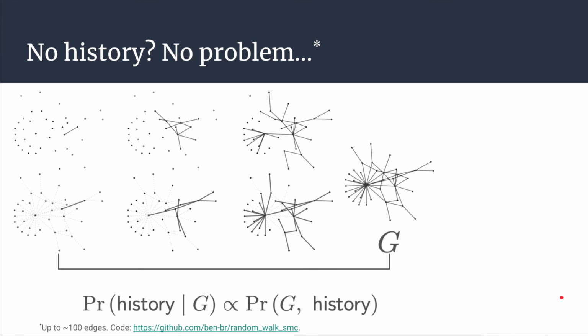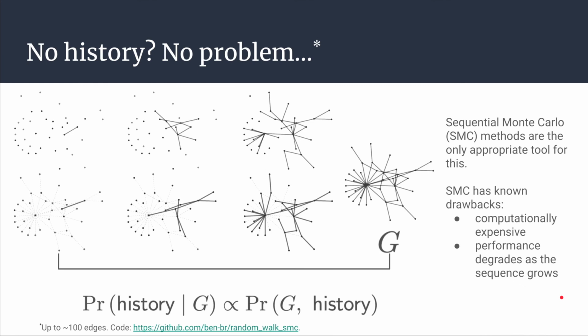Okay, so in this case, we have our problem of reconstructing the history again, and it turns out we can still do inference in this case, but it gets a lot harder. So here we have to infer the order of every edge, and sequential Monte Carlo is really the only tool that we can reasonably use in this situation, and even those we had to adapt and extend a fair amount just to get them to apply to this situation.